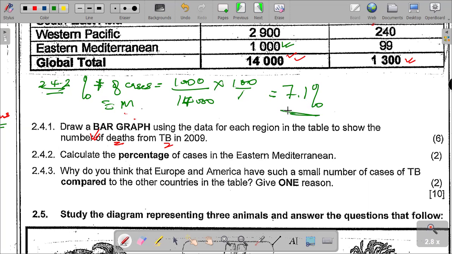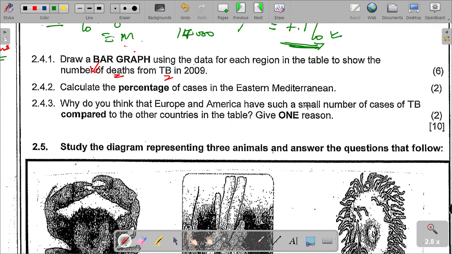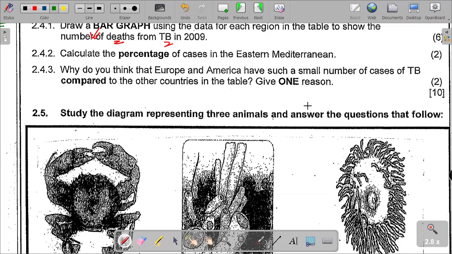So in terms of percentage calculations, guys, percentage is always out of 100. It is the number of possibilities within the region over the total, which is 14,000. And when you input it there, you get 7.1%.